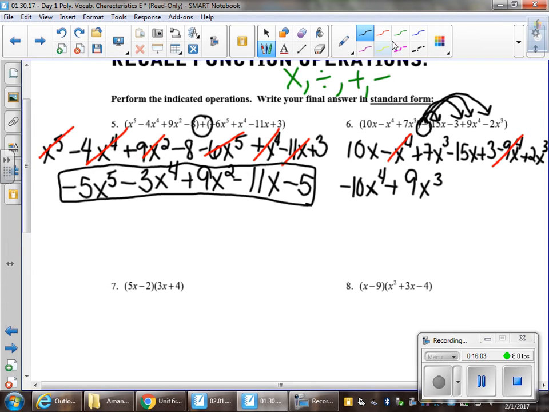Perfect. And next? Which becomes negative 5x. And last, plus 3.